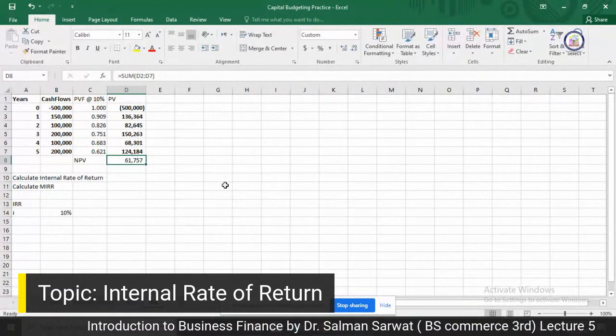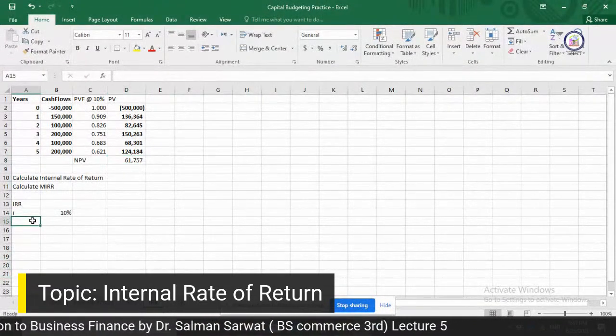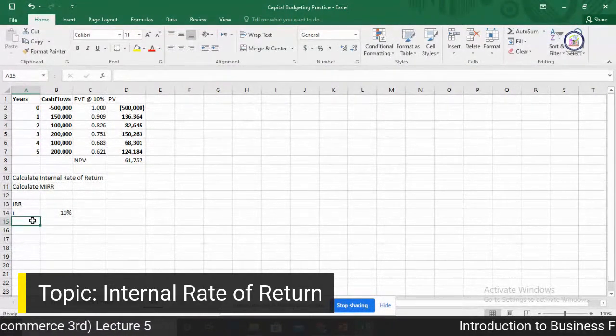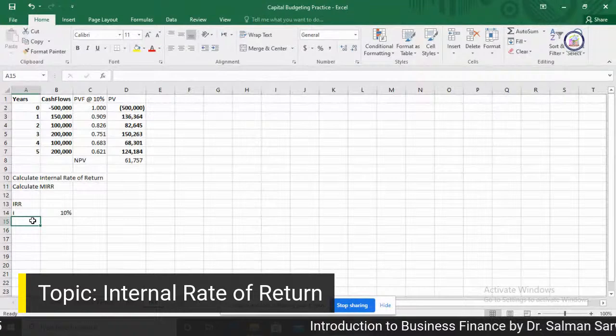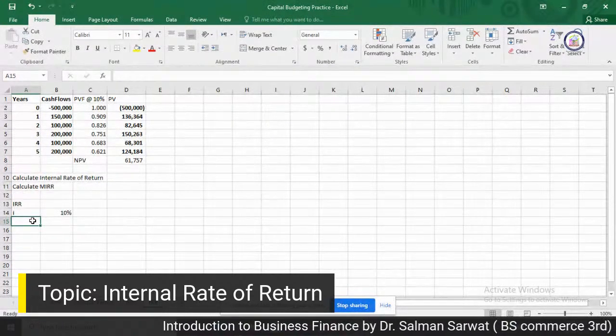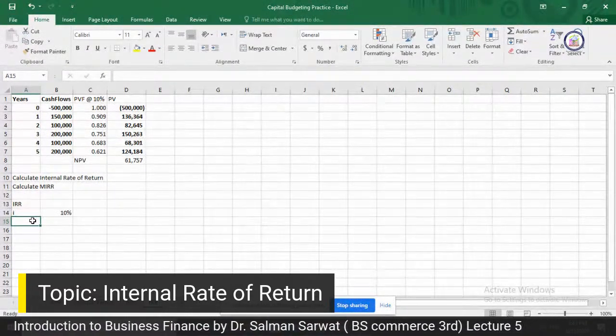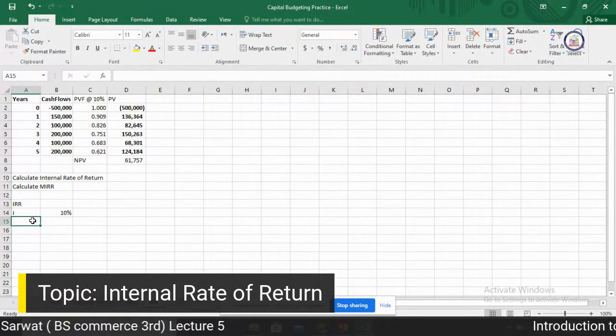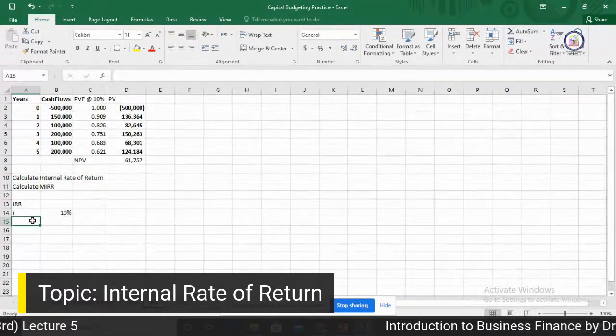You may recall that I have told you that there is an inverse relationship between the discount rate and the present value. If we increase the discount rate, present value will reduce. Okay, there is inverse relationship.